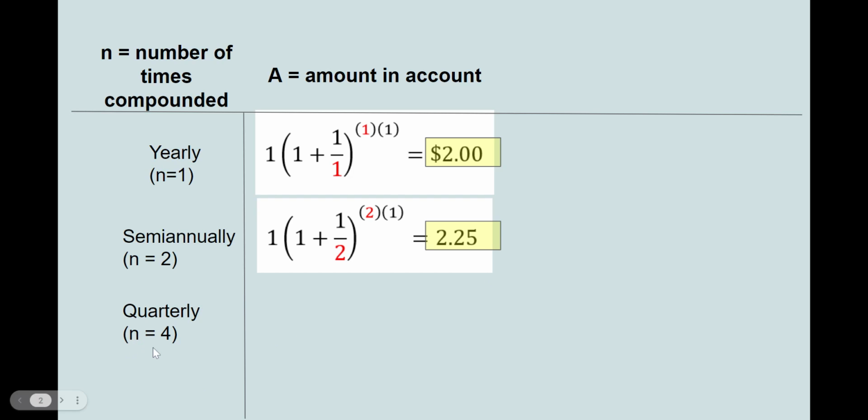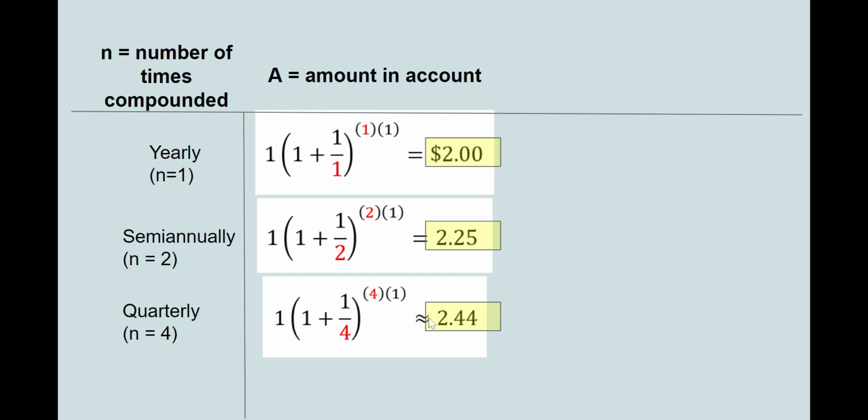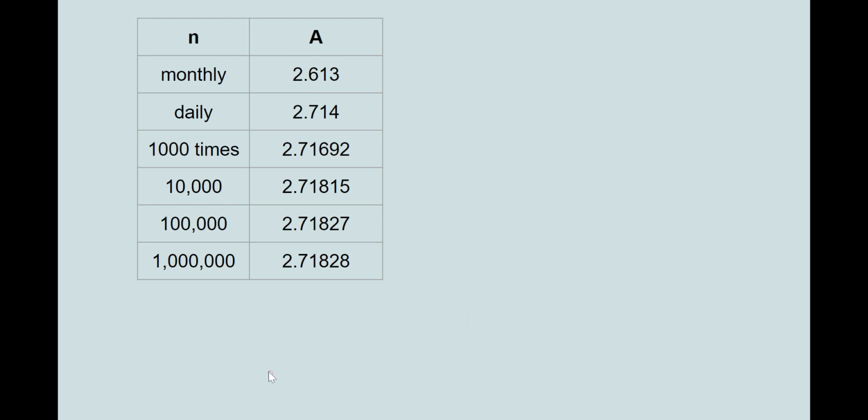And let's see. If we did it 4 times a year, you would earn $2.44. And if we continue that pattern, increasing the number of times that you're going to compute the interest on your principal, if you did it 12 times a year, that would be monthly, so that would be a 12 in those positions. You would earn $2.61.